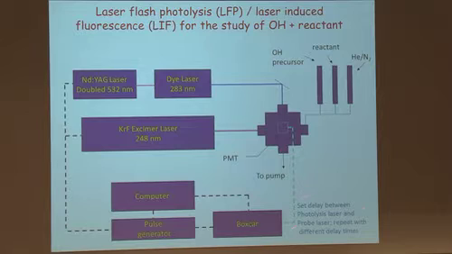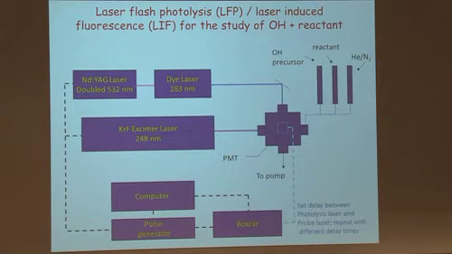And we set the time delay between the photolysis laser, this laser here, and the probe laser, this laser here, and we measure the intensity of the fluorescence at that particular time delay. And then we repeat it with different time delays, many, many times.